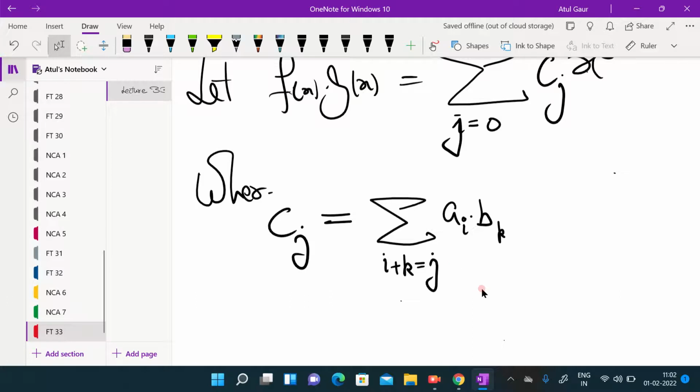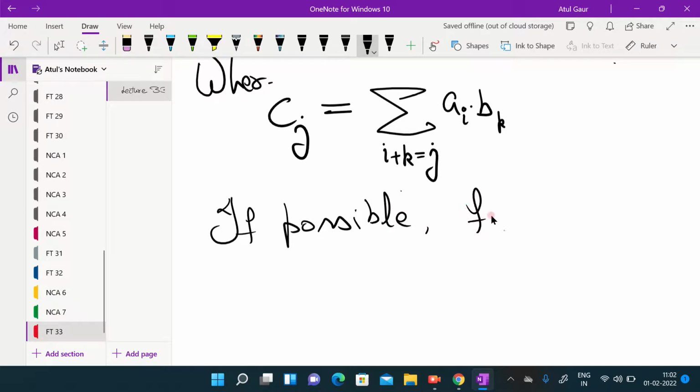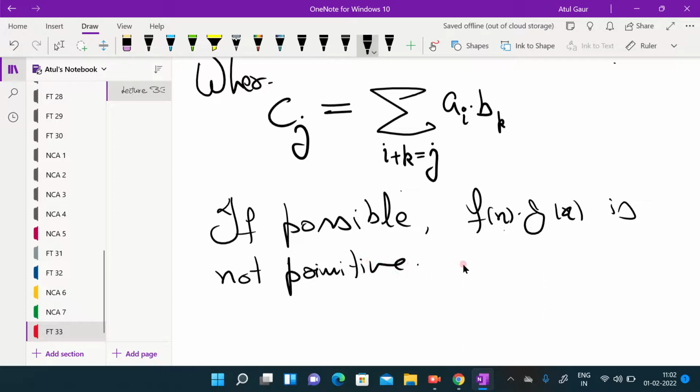तो f(x), g(x) primitive हैं, you want to show that the product must be primitive. Suppose not. So if possible, f(x) dot g(x) is not primitive. This means what?